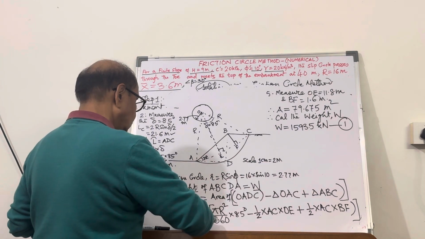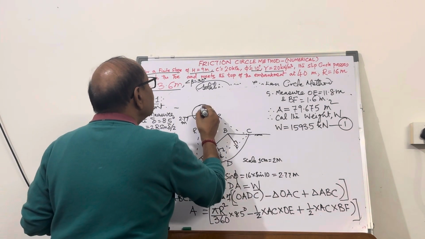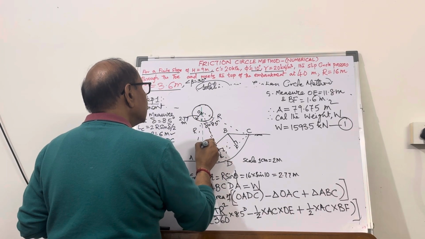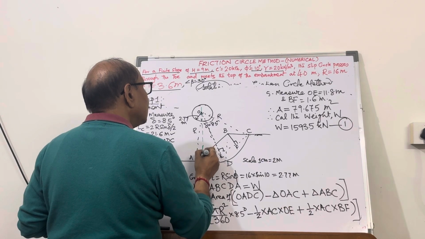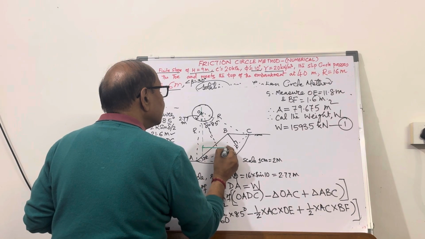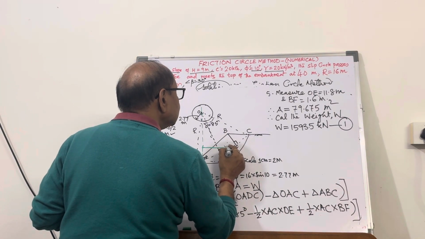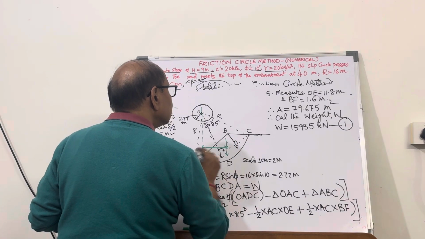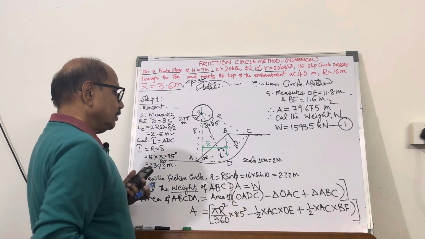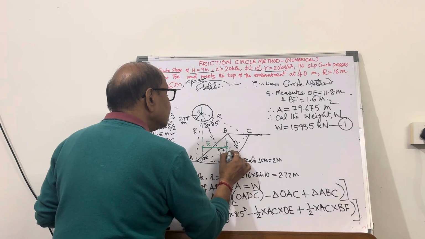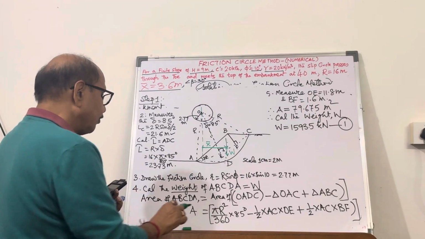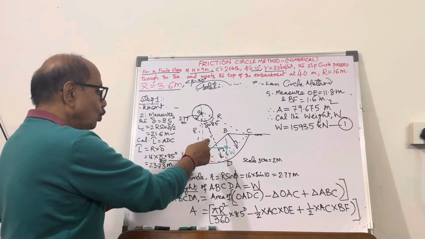Just drop a vertical, and from here at a distance x bar, which is given as 3.6 meter, you can measure it, the weight W is going to come into picture, which is 1593.5. So we are able to show the weight.